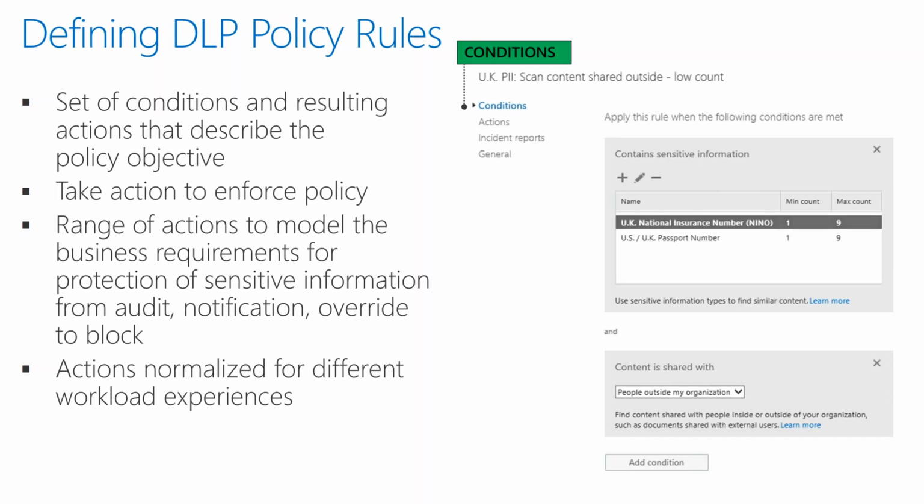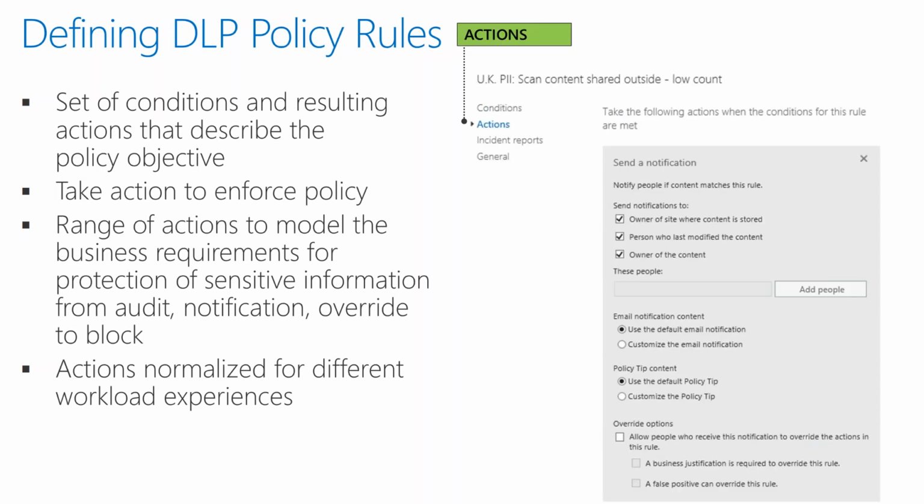If, for example, a user is trying to share a document created by someone else, then you probably want to let the original author know that, hey, someone tried to share your document, or someone edited your document and now it's got sensitive information. So it's pretty flexible from the standpoint that even if you're not the original content author, you can allow the content author to take actions on their own.